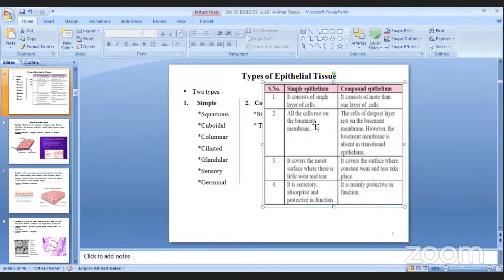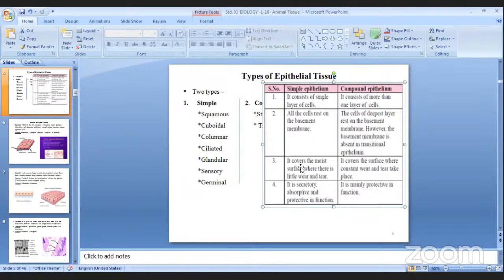All the cells rest on the basement membrane. That means there is a single layer and this layer rests on the basement membrane. Whereas in compound epithelium, there are many layers and only the basal most layer, the lowest layer, rests on the basement membrane.